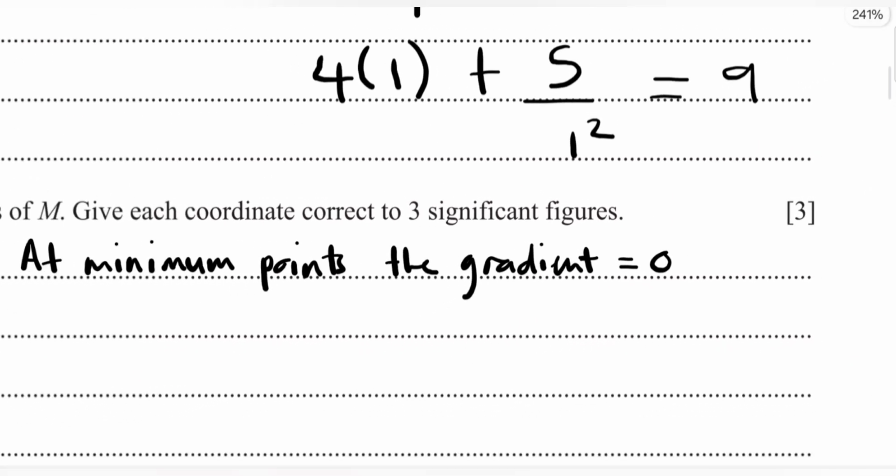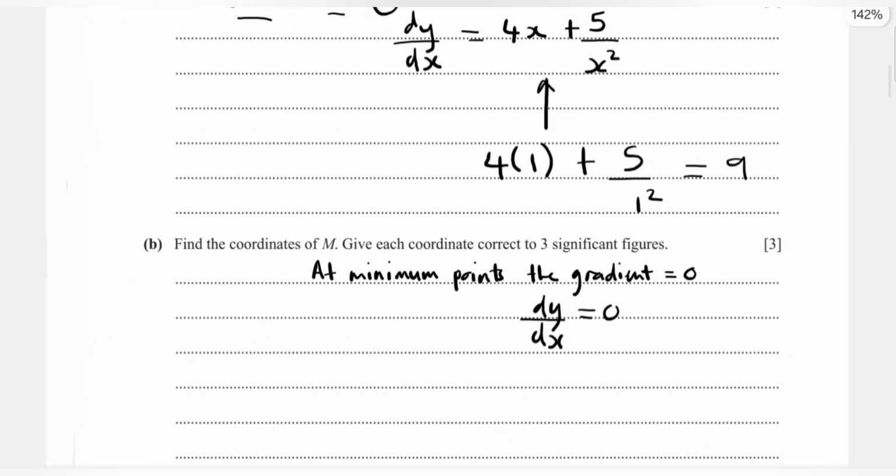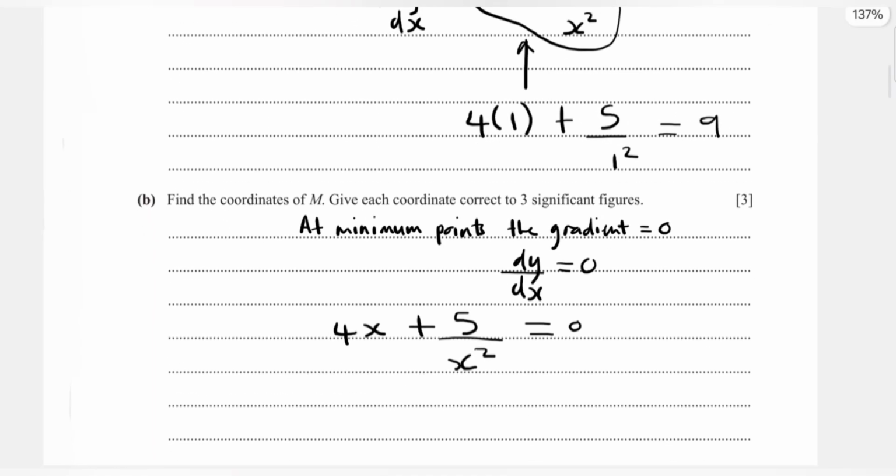So in other words, at minimum points, dy dx is 0. So we're going to get dy dx, which is this expression, 4x plus 5 over x squared. Then we're going to equate it to 0, because we know M is a minimum point. So dy dx should be equal to 0 at that point. And this is going to give us the x value of M, right?